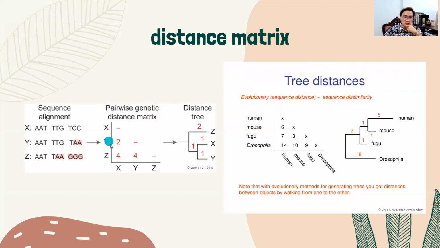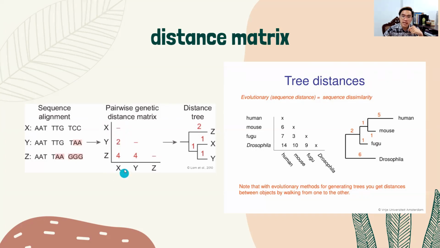In this case, we can say taxon X is different from taxon Y. Obviously, taxon X is different from taxon X by no means, I mean zero, because they're the same. They have the same genetic distance, so that's zero essentially. So we don't necessarily add that, we just leave it blank.